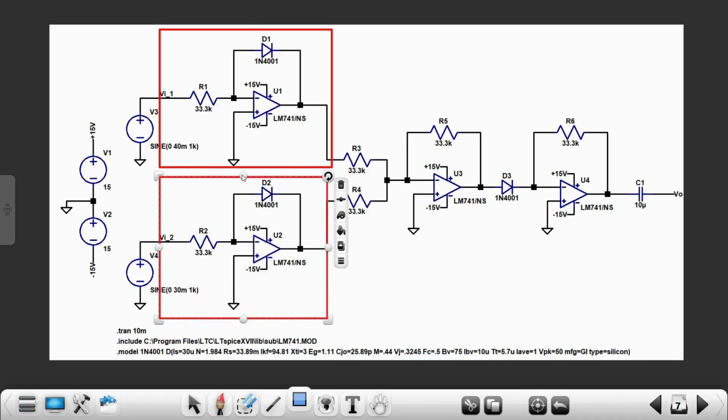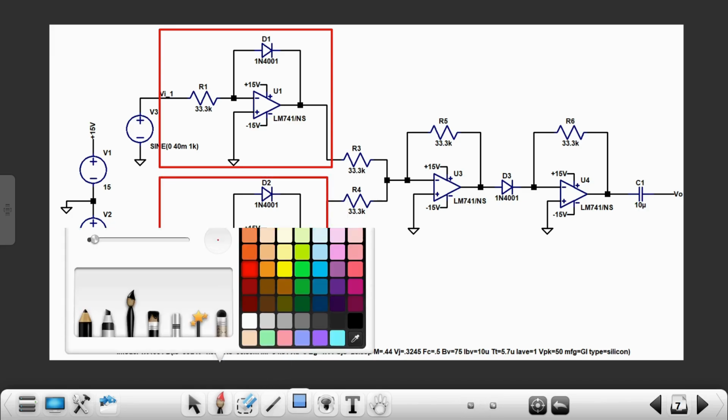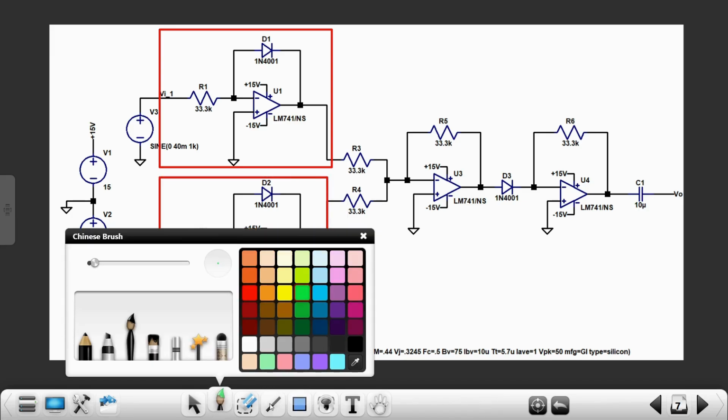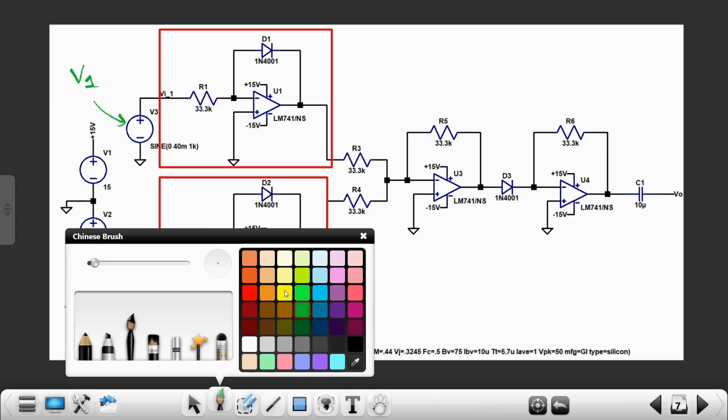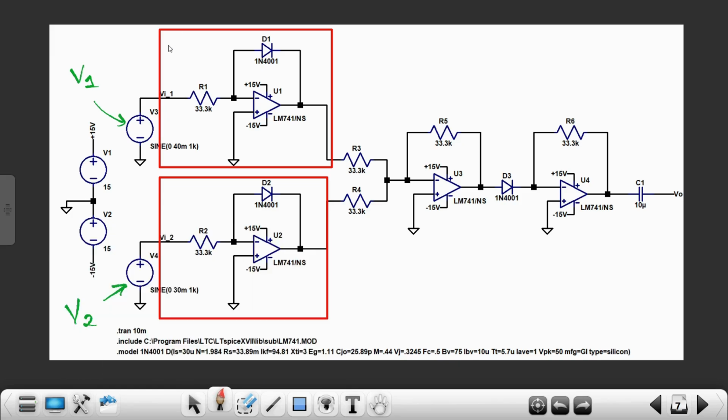Let me just increase its size. You see this is my V2, this is my V1. So this is the log amplifier. Let me just write over here, this is my log of V1, obviously minus of log V2, right? This is my log amplifier.